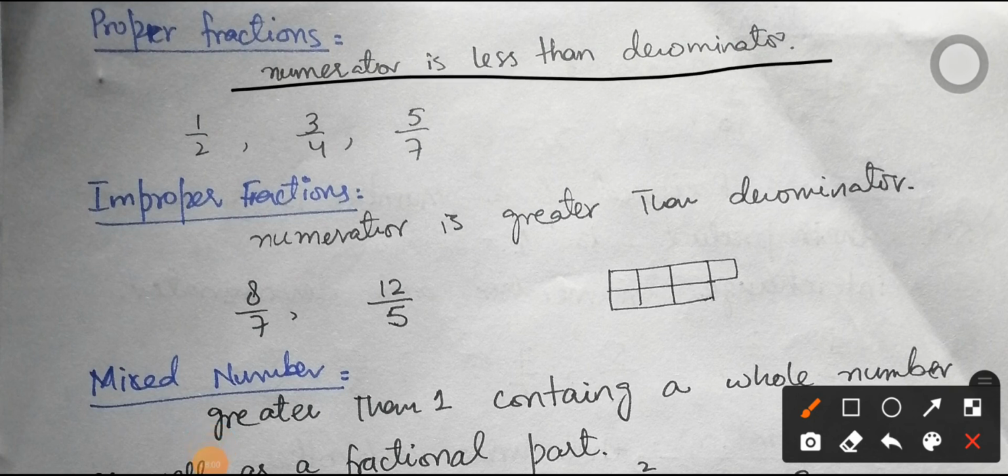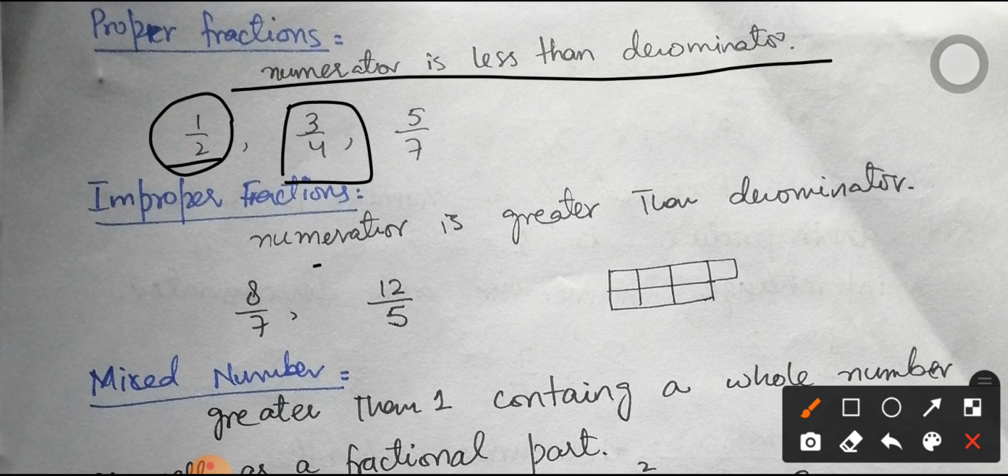Because when we say 1 by 2, you can see that the numerator is less than the denominator, so obviously the total parts or the total number of objects must be greater than the number we are taking at one time. So 1 by 2 means total parts are 2 and we are taking 1 at one time. Then 3 by 4 means the total is 4 and we are taking 3 out of these. So proper fractions are the fractions in which the numerator is less than the denominator.